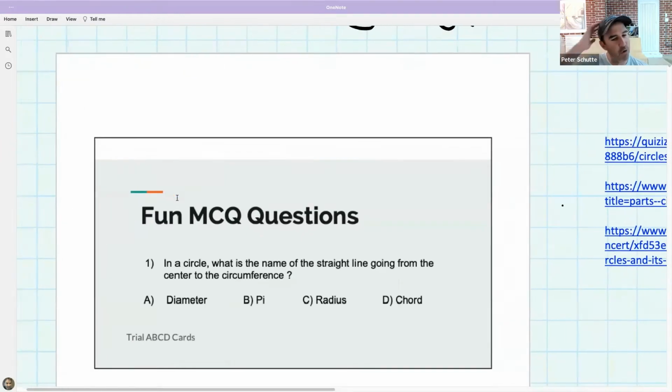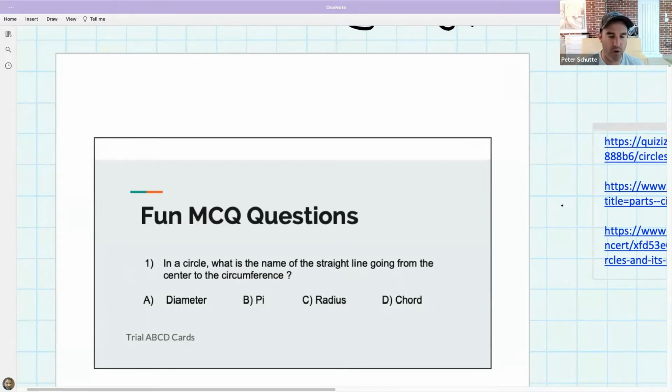You have 4 options. In a circle, what is the name of the straight line going from the center to the circumference? You need to vote in the chat. Is it A, B, C, or D? I want to see what you see.